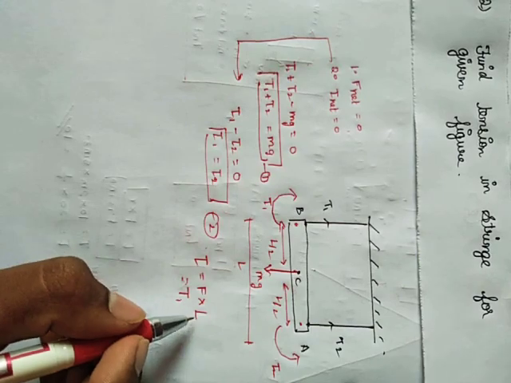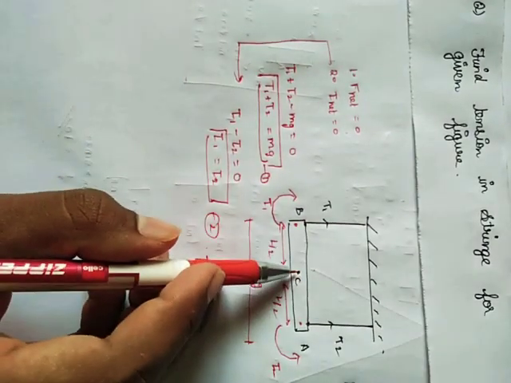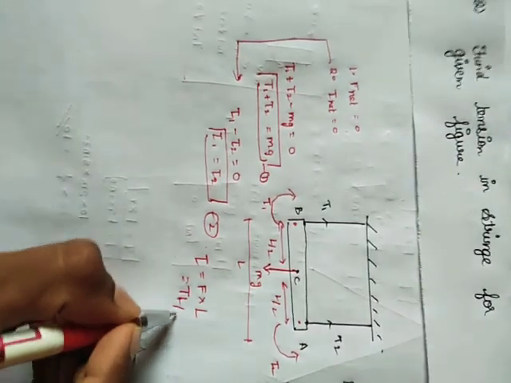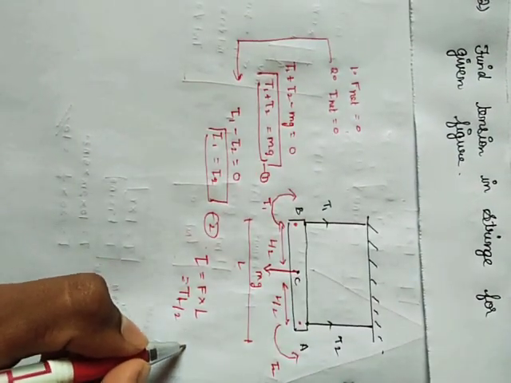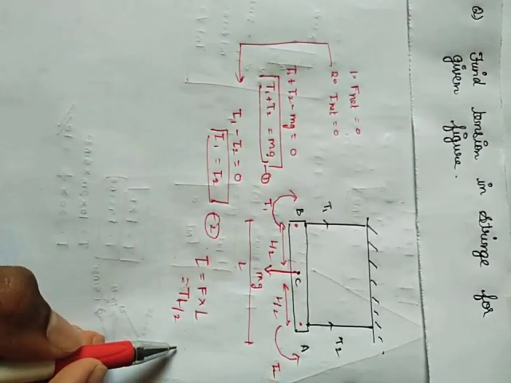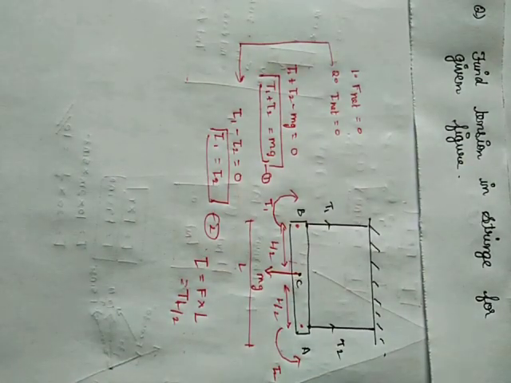The angle seems to be 90 degree. Now the length is L by 2 into sin theta. Here theta is 90 degree, sin 90 value is 1.